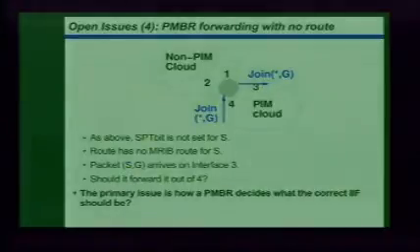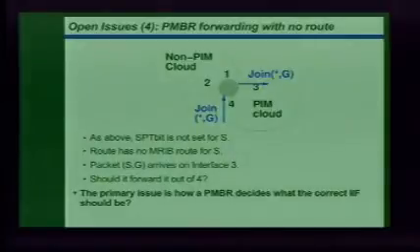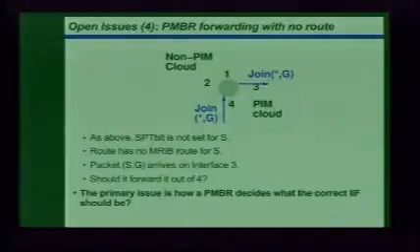The primary issue is really how does a border router decide what the incoming interface should be? It's not clear this is a PIM spec issue versus a border router issue, but it was an issue that Tom brought up and I wanted to air again. So I think the answer is clear in 2715, which you may or may not disagree with, but the rule that's in there is you do a routing table lookup for S and say, is this something that would be reached via the non-PIM cloud or the PIM cloud?